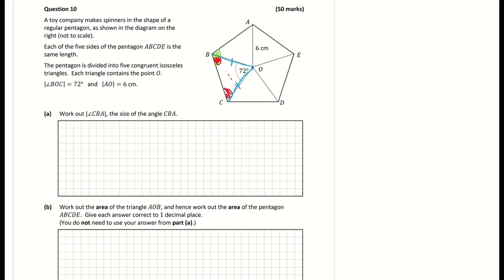In order to find the size of those angles in red, I'm going to take away the 72 from 180, because all angles in a triangle add to 180, which is giving me 108. I'm dividing that by 2 to give me the size of each of the angles. So each of the red angles is 54 degrees.